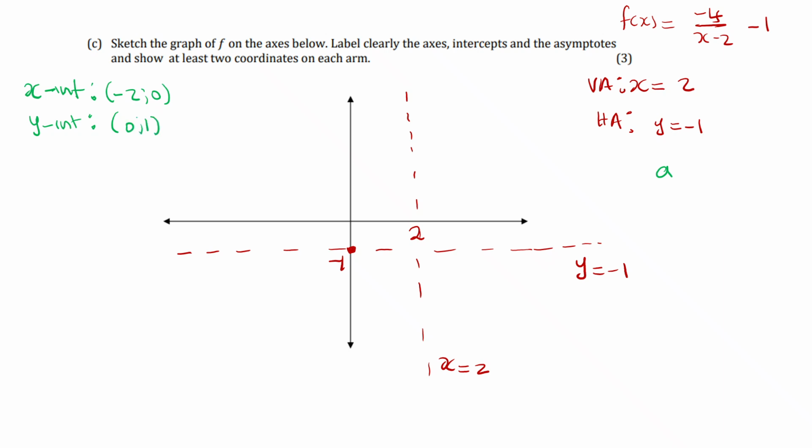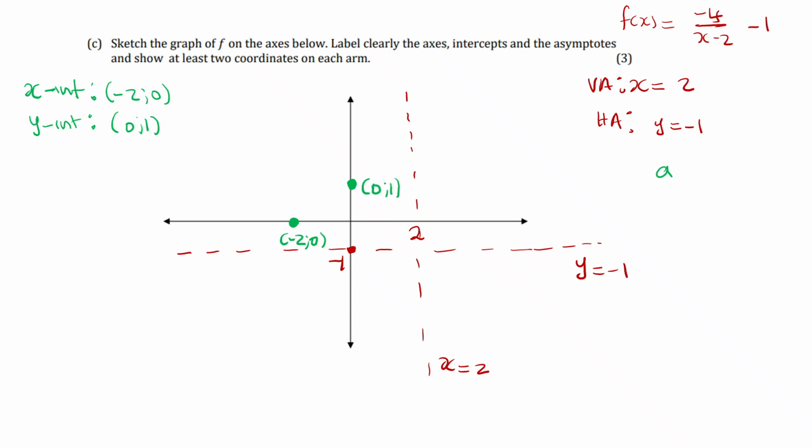So now we can just plot this. We know that minus 2 and 0 is somewhere here. So this is (minus 2; 0). And then (0; 1) is somewhere here.